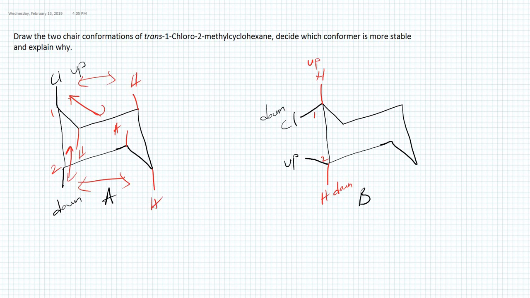How about the second conformer? Do we have axial interactions? Since we don't have substituents at the axial positions, we don't have any 1,3-diaxial interaction, but definitely we have another strain, because if you look through carbon 1 and 2, methyl and chlorine are in gauche interaction, which is a kind of steric strain.